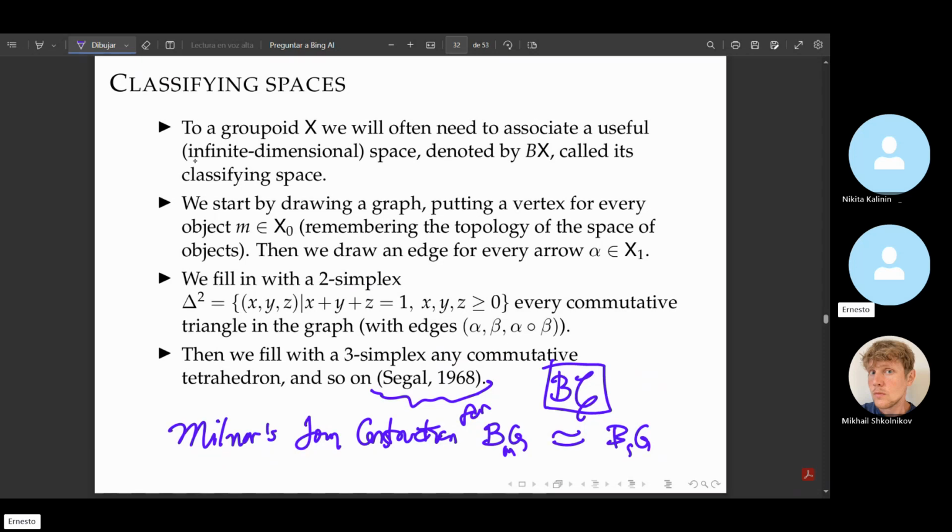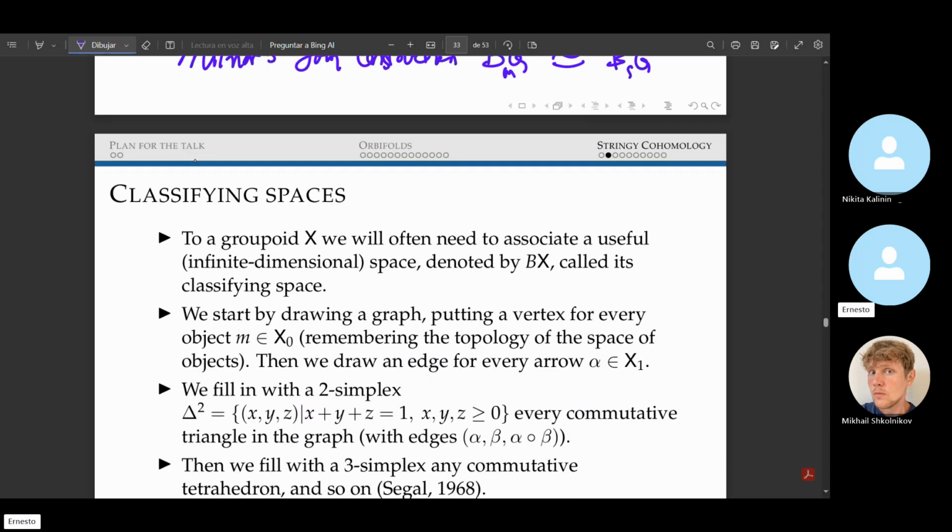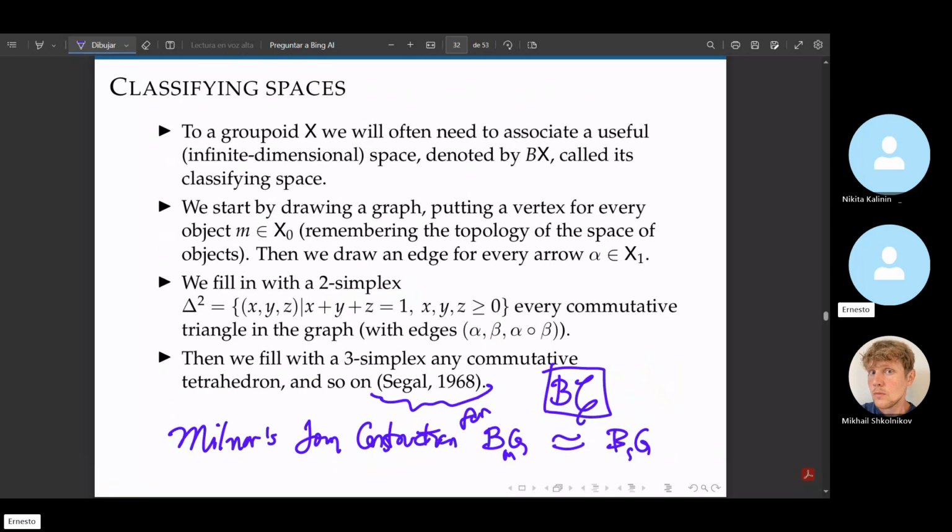So that statement is an example of why Segal's construction is so much nicer for certain things. It's good to know both constructions. But indeed, if you have a category C equivalent to a category B, then BC is homotopy equivalent to BB.